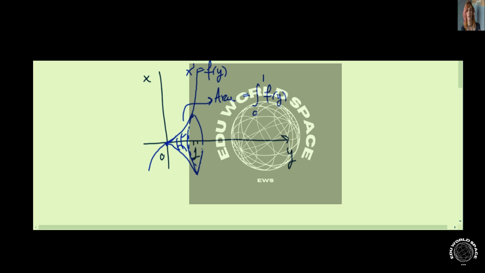This is the differential of length of the curve. We have 2 pi f of y, because when we rotate, it's like rotating a piece of a cylinder, and then times the length, which is the square root of 1 plus f prime of y, the derivative with respect to y, squared, times dy.